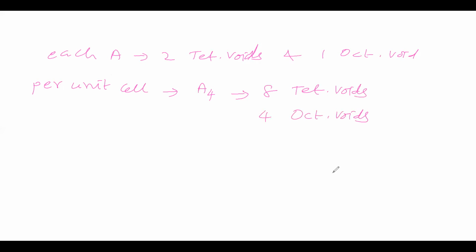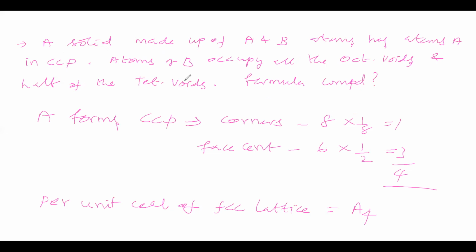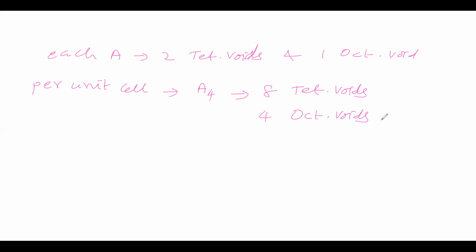Now, how many octahedral voids are occupied by B? All octahedral voids are occupied by B. Sir, B occupies all octahedral voids, therefore B is 4.